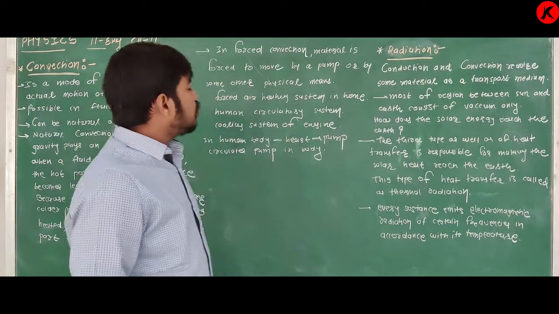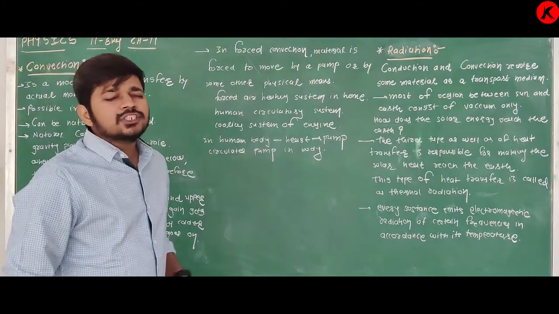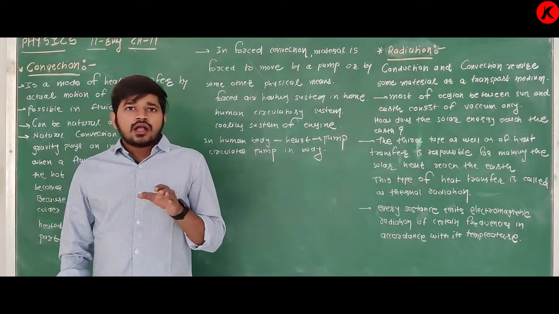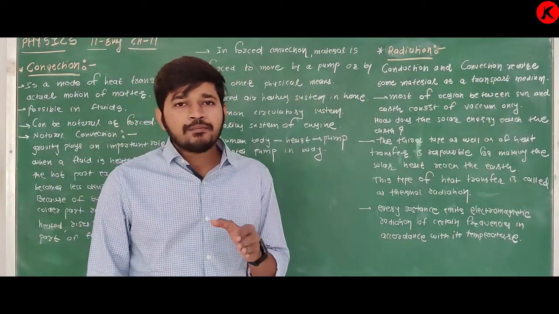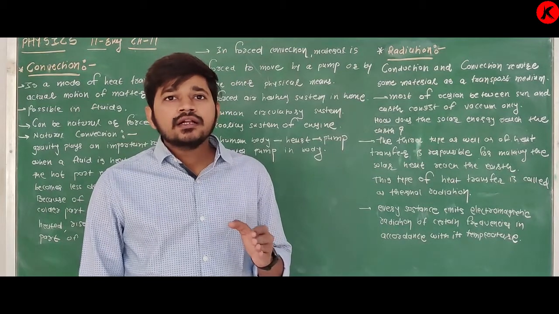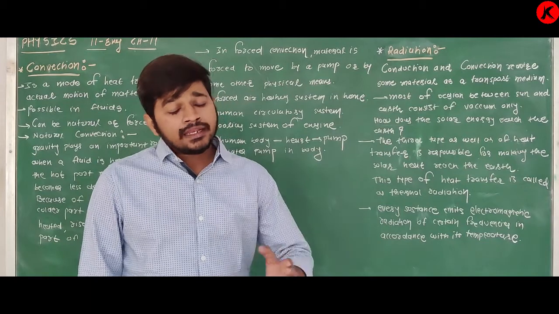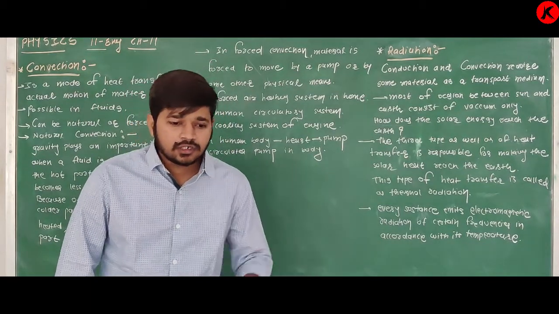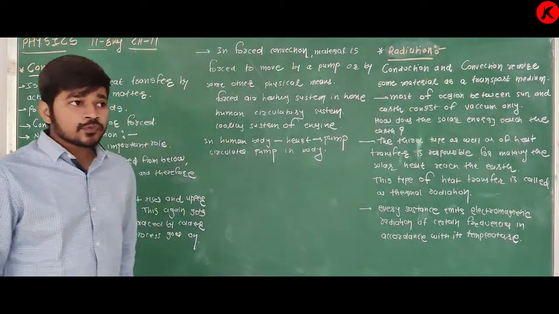Now, second mode of heat transfer is convection. So what is convection? What is the difference between conduction and convection? The first difference is, in conduction, heat is transferred due to temperature difference and there is no actual motion of particles. In convection, heat is transferred due to actual motion of particles.